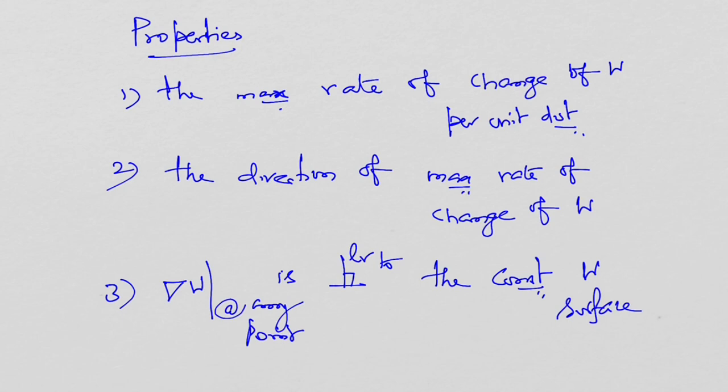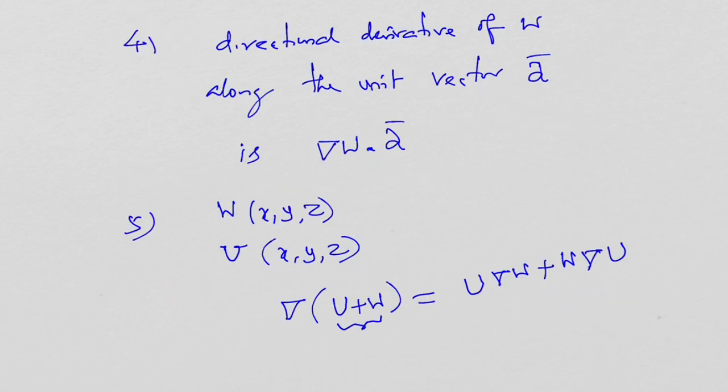So the gradient does not only give you the maximum rate of change of w per unit distance, it also specifies the direction of maximum rate of change of w, and del w at any point is perpendicular to the constant surface over which the scalar function is distributed. Okay, and the directional derivative of w along a unit vector is identified. For any arbitrary unit vector a bar, del w is projected onto the unit vector: del w dot a bar.